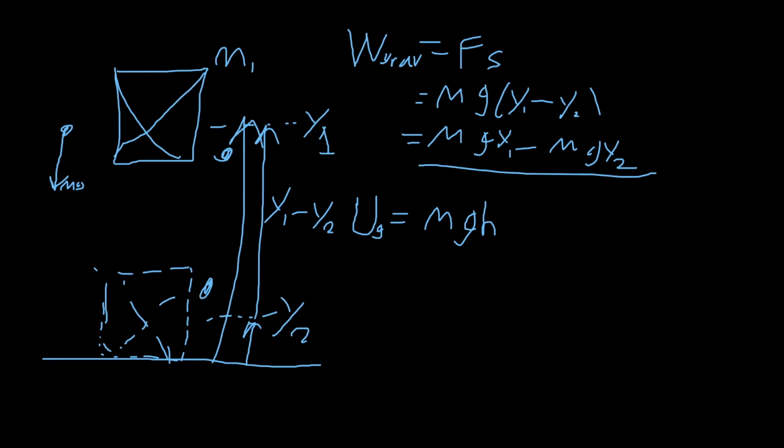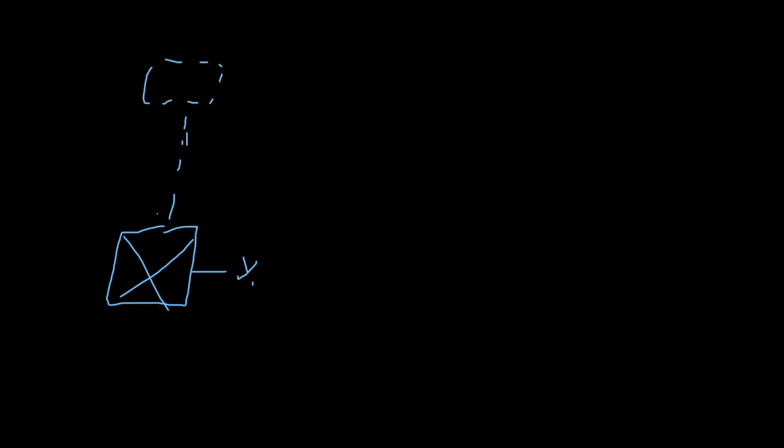Now we'll move on to a different case where we have a box which is on the ground and it moves up into the air. So we'll have to redraw our picture real quick here. So this is your y1, and it's going to go up to here, and this is y2. And if you already know it, it's really just the inverse of what we were looking at before.